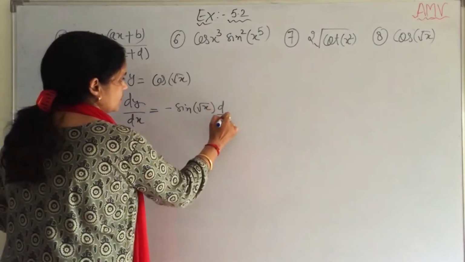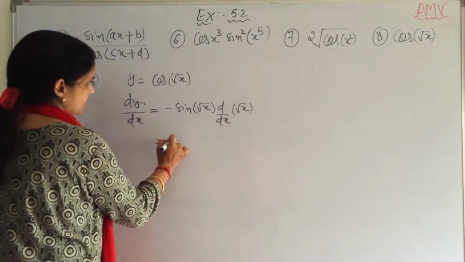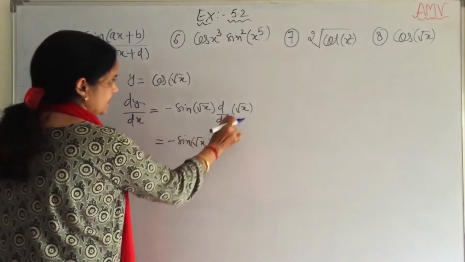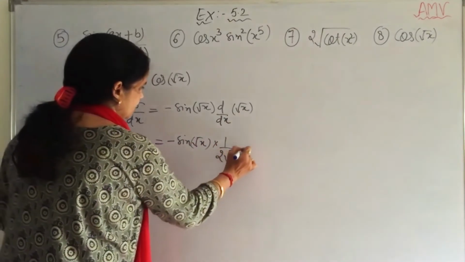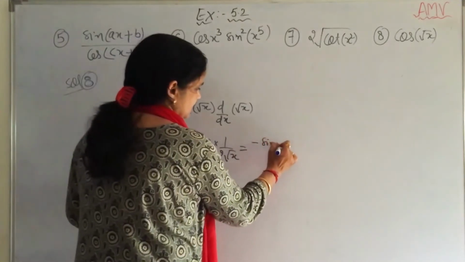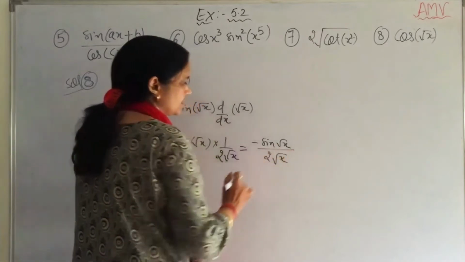And now derivative of root x: minus sine root x, and derivative of root x is 1 by 2 root x. So answer is minus sine root x by 2 root x.